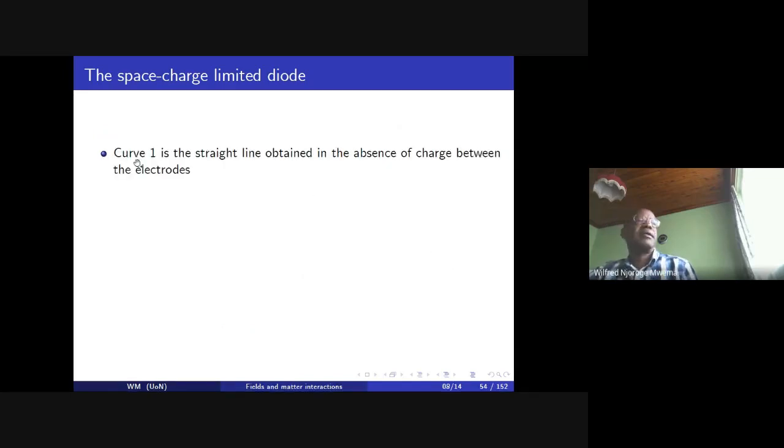Curve 1 is a straight line that will be obtained in the absence of charge between the electrodes. That is, if we were to integrate the electric field between the electrodes, we get a constant increase in potential from the cathode to the anode. The potential will be increasing linearly.